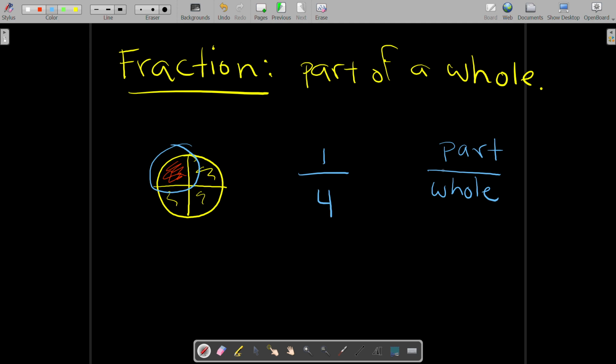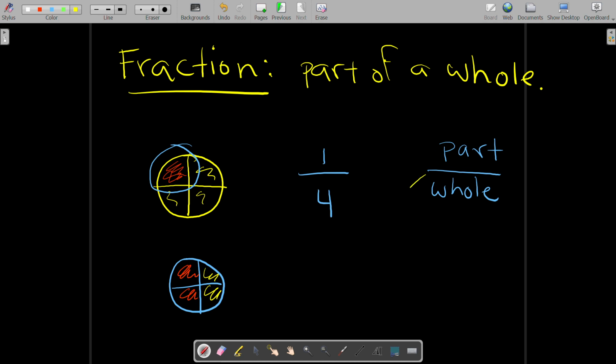So let's say we have the same pizza, and this pizza has pepperoni here and here, and cheese here and cheese here.